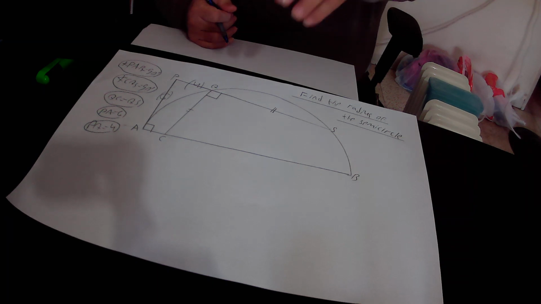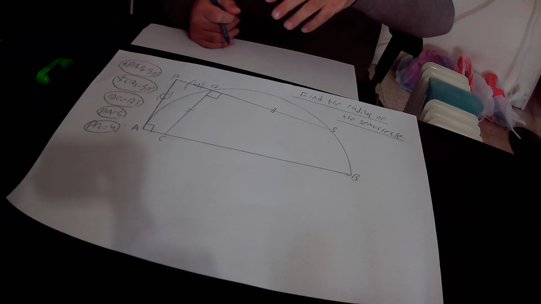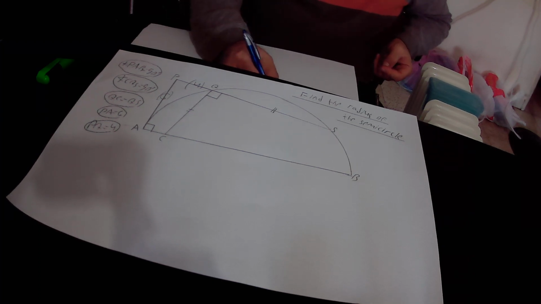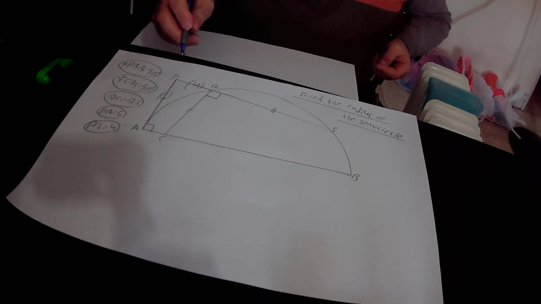For that reason, we can implement here rule number 10. According to rule number 10, in our drawing, we get that PA square equals PQ times PS.